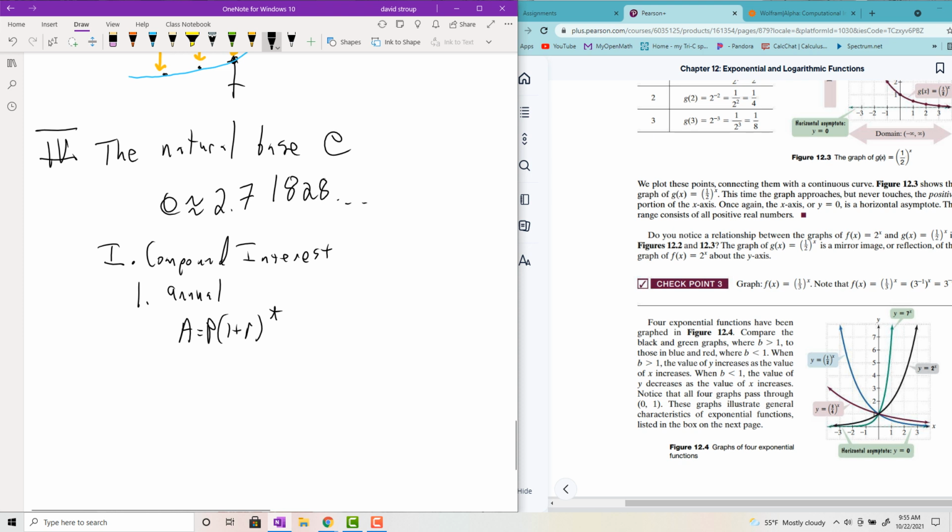This tells you if you put a certain amount into a bank, like P, which they call the principal, over a certain amount of time T, which we're going to give in years, if you have an interest rate of R, which in the formula will be given as a decimal, but usually in the story problem given as a percent, your future amount will be A, and it's computed using this formula.